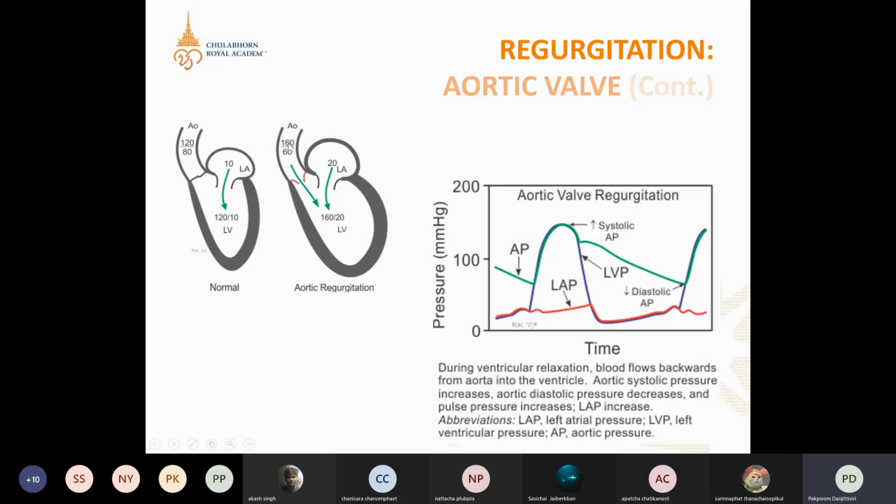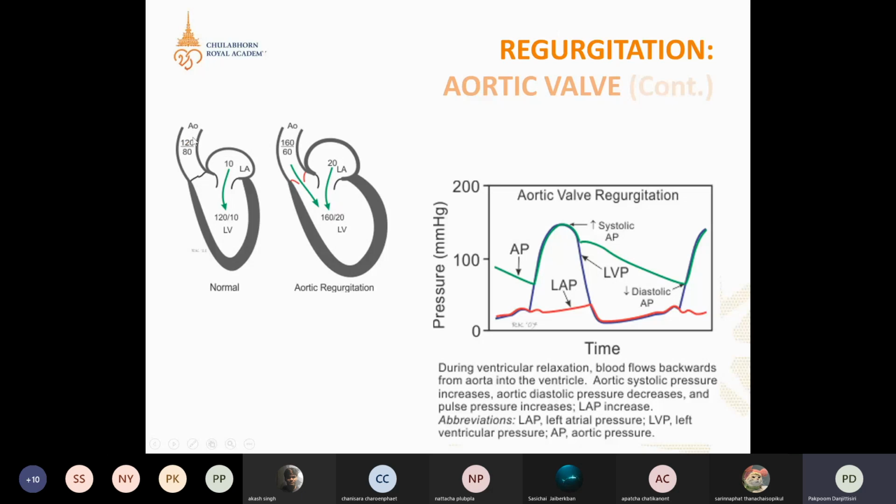So it will cause a wide pulse pressure between the systolic pressure and the diastolic pressure. If you want to find the pulse pressure, you can use 160 minus 60. The pulse pressure is around 100 millimeters of mercury, right?